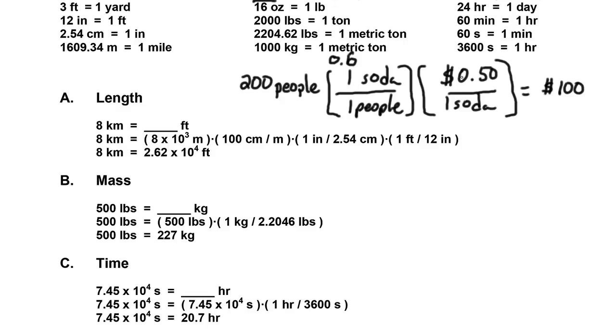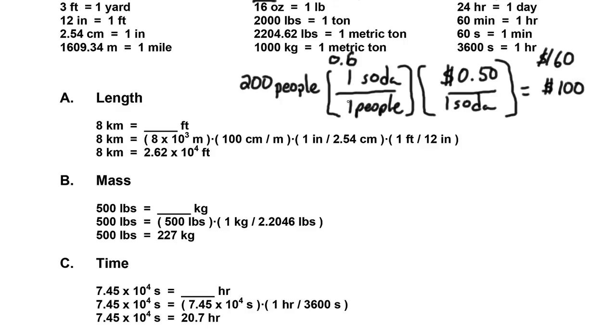Soda still costs the same amount of money, but how much does it cost the airline now? It's going to cost the airline $60, because you take 200 times 0.6 times 0.5. So the airline's going to save money. That's really good for shareholders in the airline.